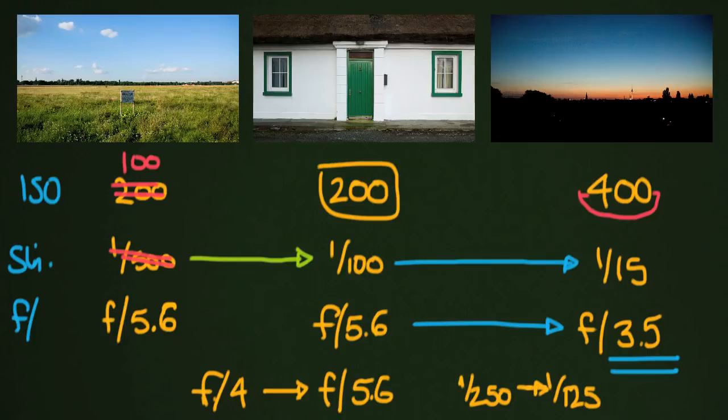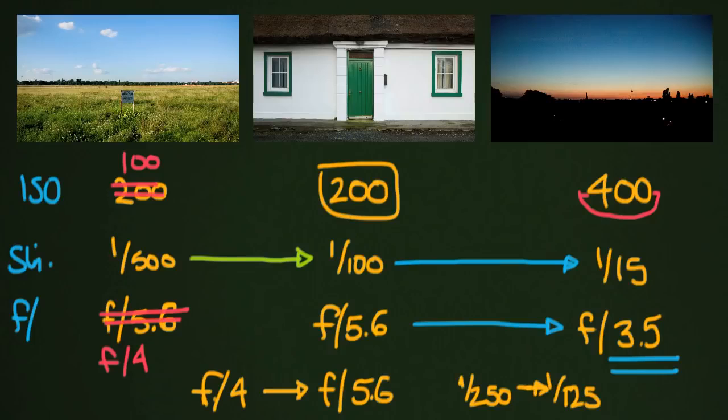It's kind of hard to explain with these numbers, but if you were to move this down to 100, you would have to move this shutter speed up to 250th, because you have doubled the amount of time that you need to expose that image. And if you were not to double the amount of time, you would have to add more light, so you'd have to move this to f4.